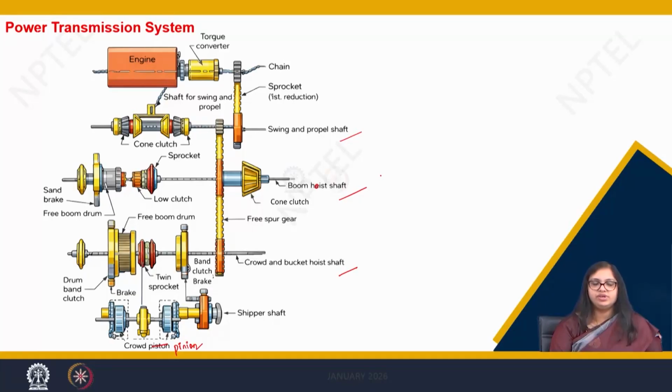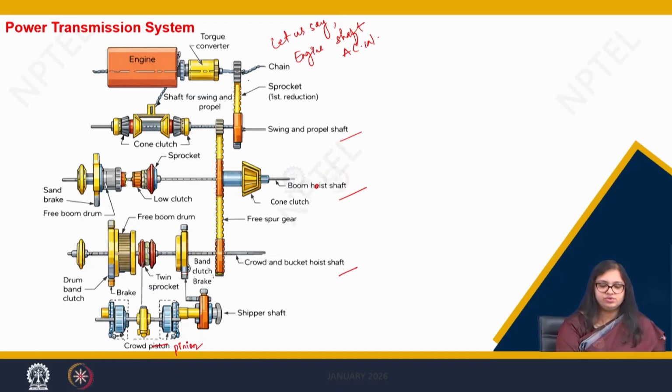Last class we discussed that if, let us say, the engine shaft is rotating in anti-clockwise direction, since this is a chain sprocket and chain mechanism, these are two sprockets and there is a chain over it, so my swing and propel shaft will also rotate in anti-clockwise direction.